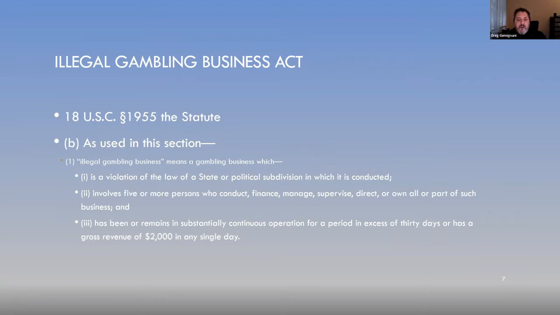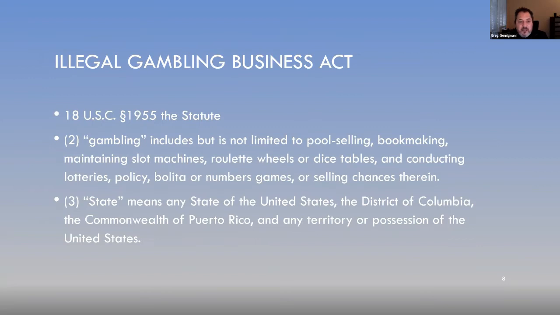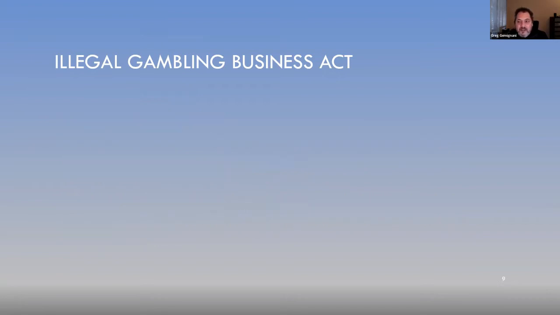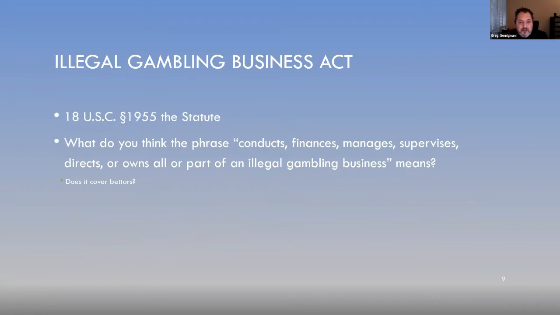So the threshold's fairly low. And we've talked about this before. Gambling includes pool selling, bookmaking, maintaining slot machines, roulette wheels, dice tables, conducting lotteries, policy, bulletin numbers, games, and selling chances therein. So it covers a lot of ground.